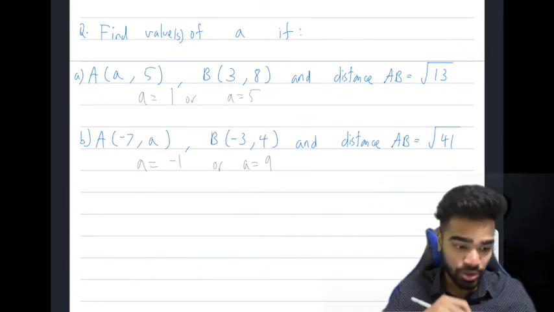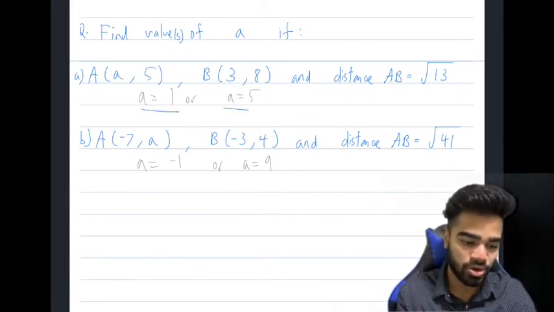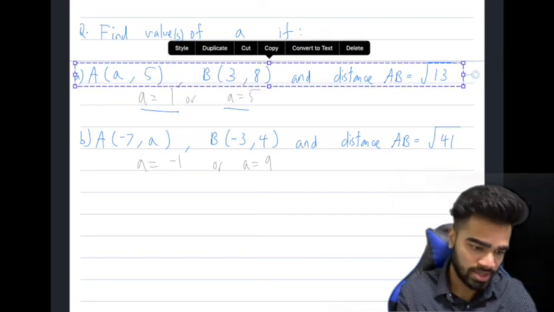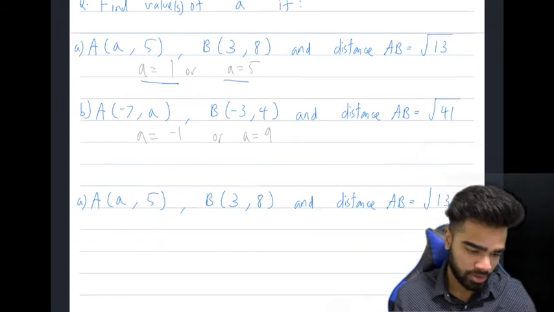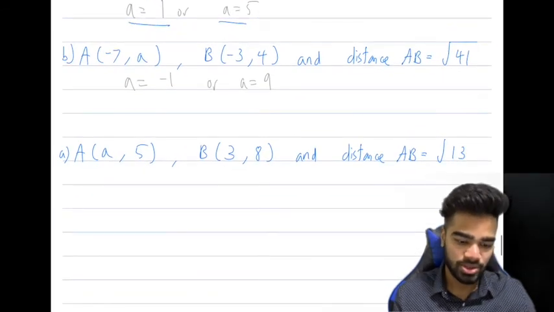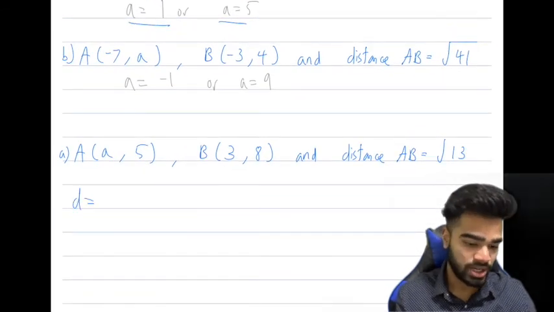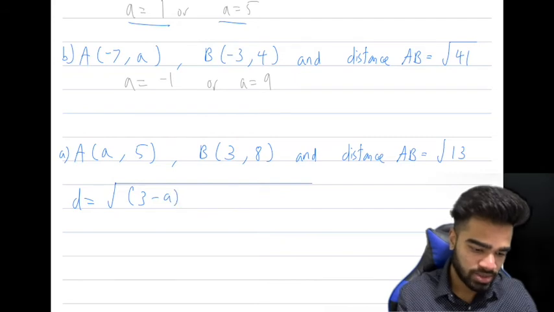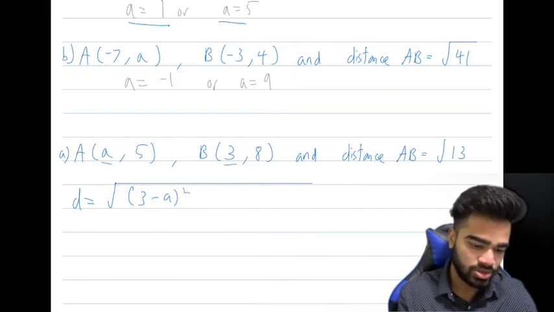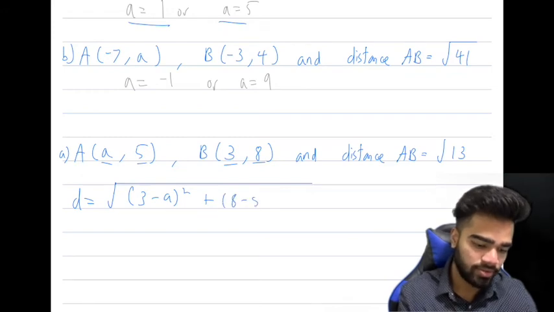For question 2, we'll do the first one. I'll talk about how we got 1 and 5. Let me just copy this down here. As usual, we start off by finding the distance equation. Distance, remember, is equal to the square root of (x2 minus x1) squared plus (y2 minus y1) squared. So the square root of (3 minus a) squared plus (8 minus 5) squared.